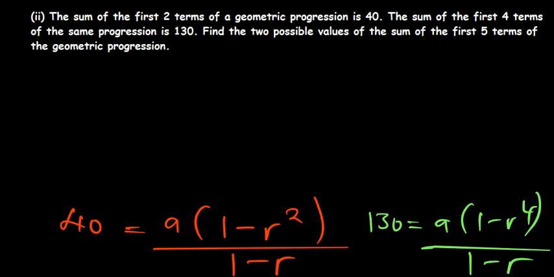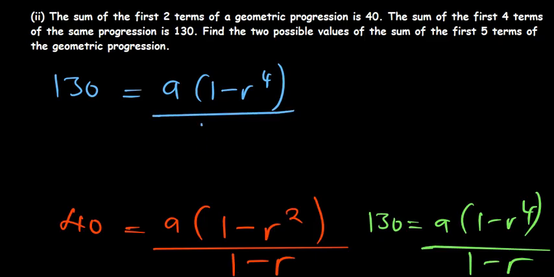Okay, so how do we proceed from here? So we can start with the one with the bigger value. So 130 is equal to a times 1 minus r to the power 4, over 1 minus r. So what do we do here? Since we want to solve them simultaneously, we want to see what values can satisfy both equations.